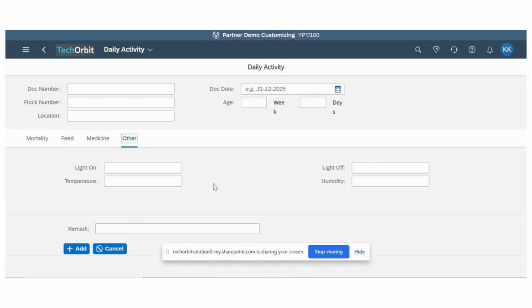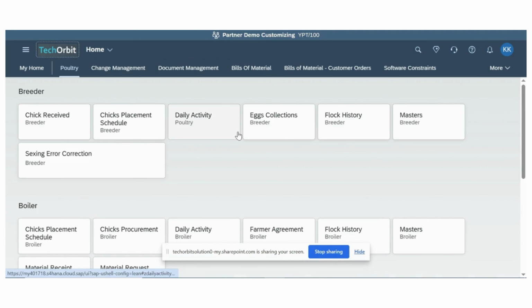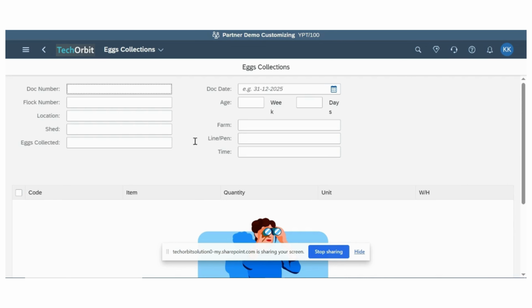As the flock becomes ready for laying, we ship them to the cage shed and start egg collecting. Again, we have an egg collection form here, and the supervisor has to record this activity as well. He records shed-wise egg collection in the farm.